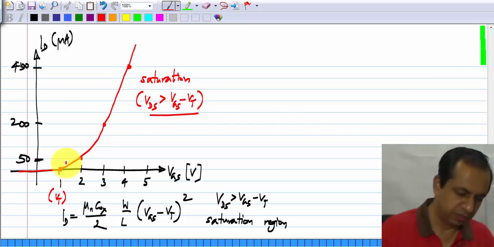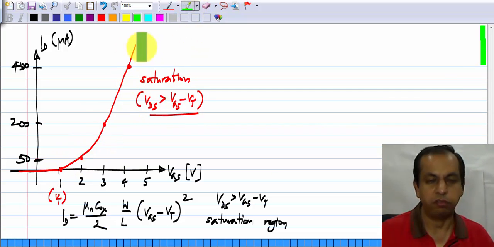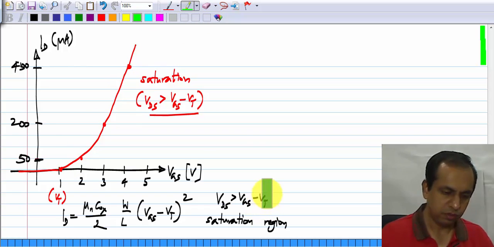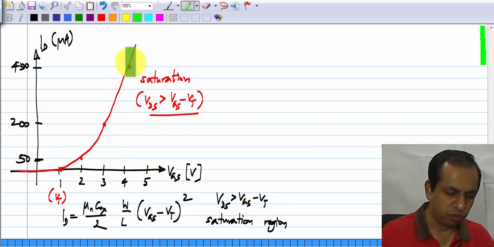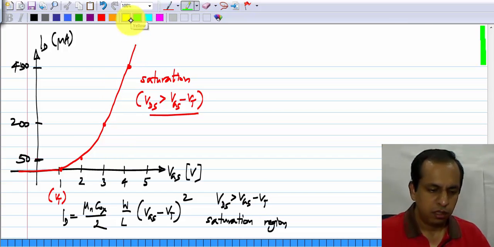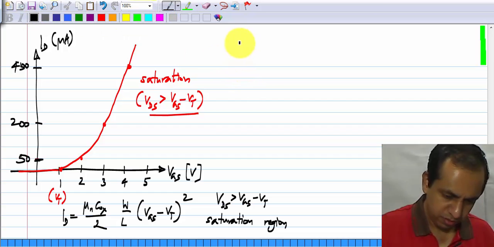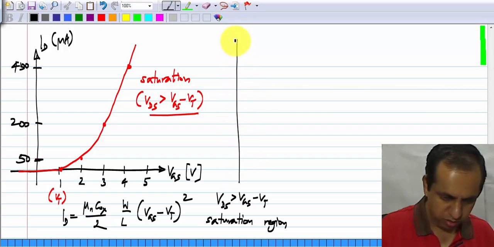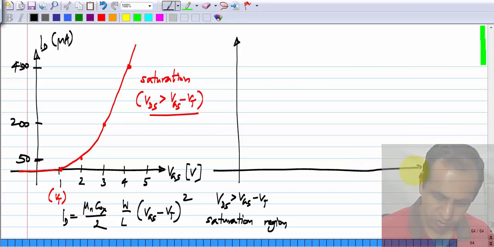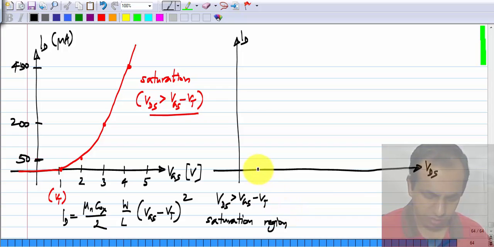So ID does strongly depend on VGS in this region, and the slope only goes on increasing. Now what does ID versus VDS look like?